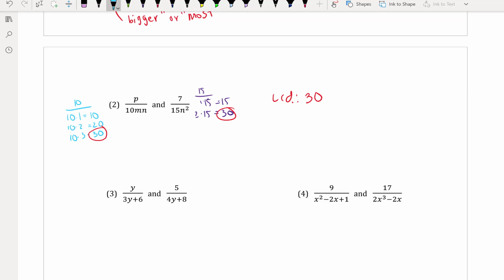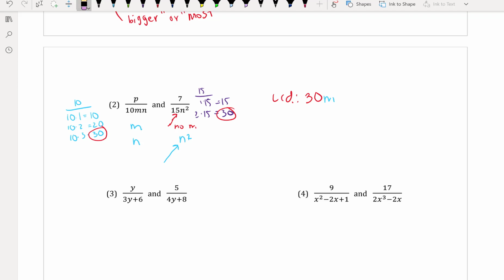Now I want to think about the M. And over here, on that denominator, there's no M. Okay, there's 0 of them. So that means I'm definitely going to have an M because it exists in at least one of them. And this one has an N, and that one has an N squared. So which one has the biggest exponent?